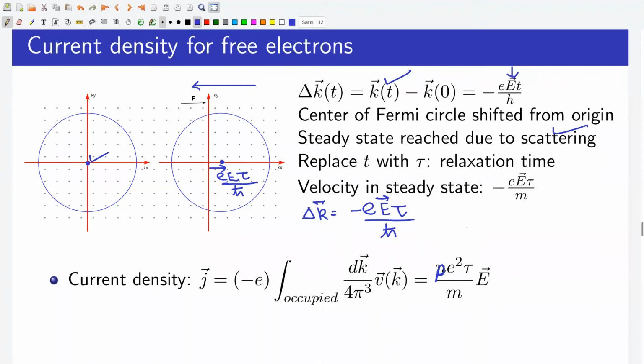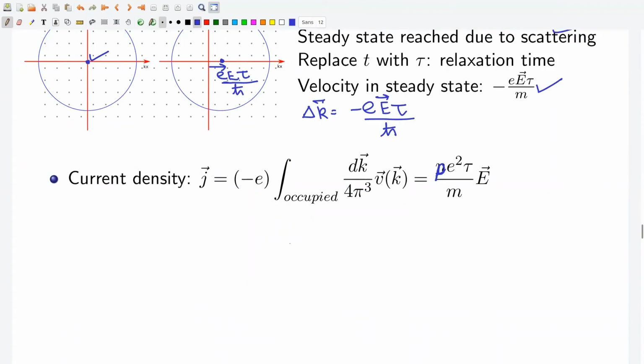From this, we get the steady state velocity as minus e times electric field times tau divided by m. Now, let us find the current density by evaluating this integral. Note that the velocity v is a constant, which is equal to charge of the electrons times the electric field times relaxation time divided by mass.